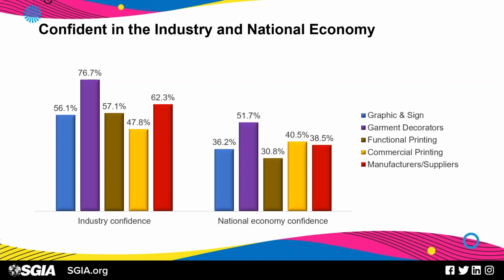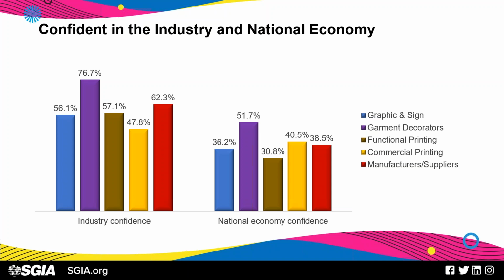Olga put together a very informative and insightful slide that compares, segment by segment, how confident the participants in our research are both in their segment, that's the graph on the left, and in the American economy, that's the graph on the right. And notice 2 things.